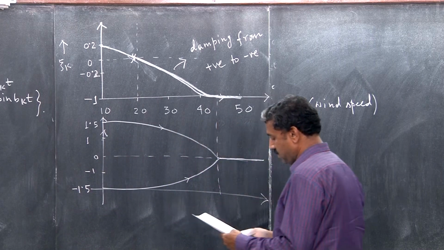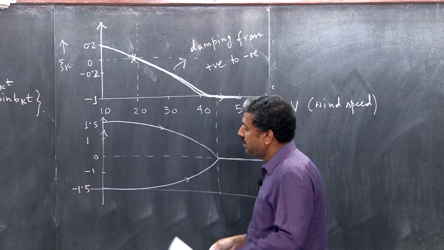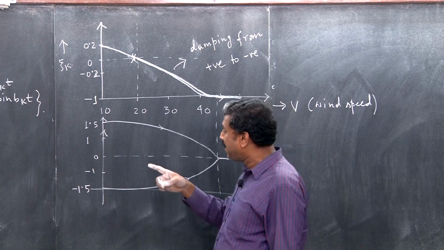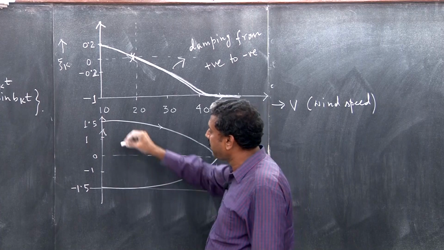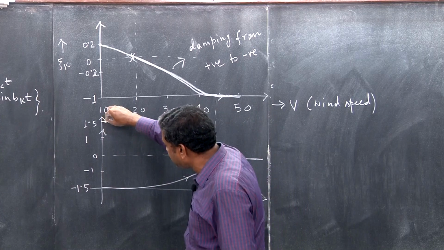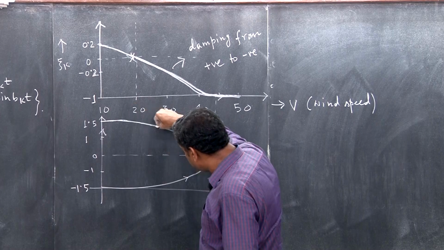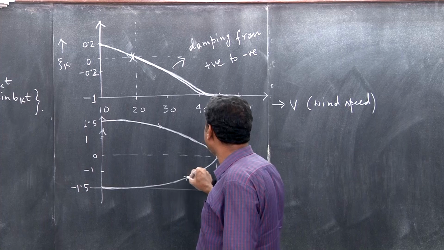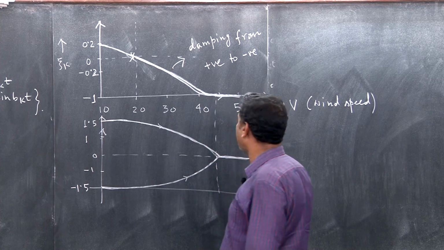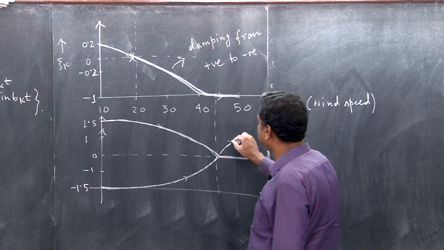Here we are plotting the imaginary part of lambda k. So, one positive value is coming, and another negative value is coming, and they are basically coalescing. Some coalescence is happening, right?